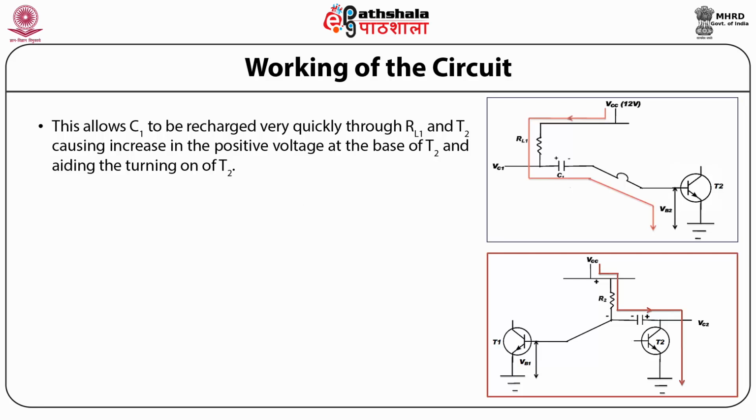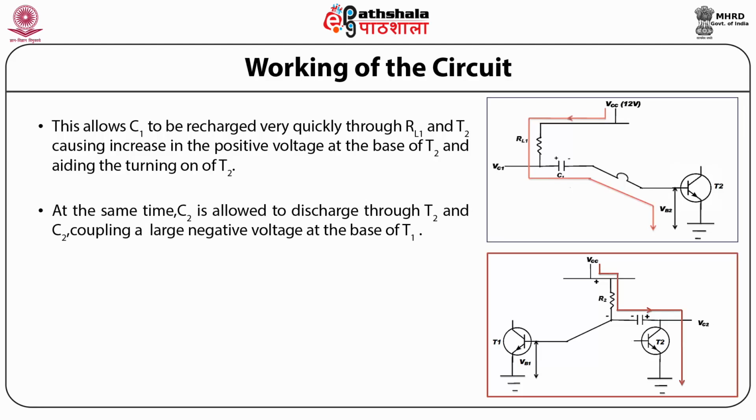Next, this figure shows that at the same time C2 is also allowed to discharge through T2, coupling a large negative voltage at the base of T1. So this turns T1 off quickly and the collector voltage VC1 rises towards plus 12 volts.